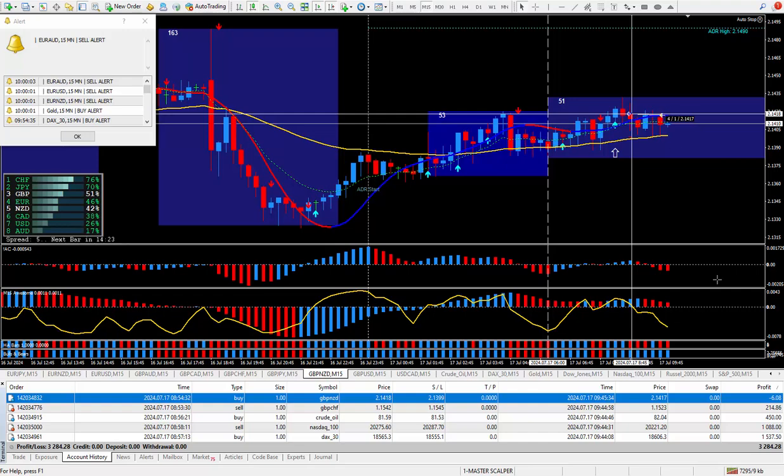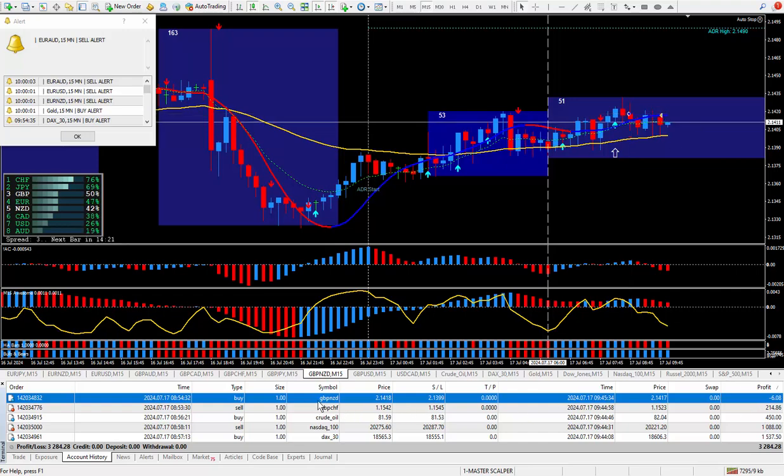So that's a negative 4 pips, and that's why you see a minus $6. And as you can clearly see, it's not moving a lot. And that is one of the reasons why I prefer doing futures and the indexes. As you can clearly see that they move a lot more and pay a lot more.